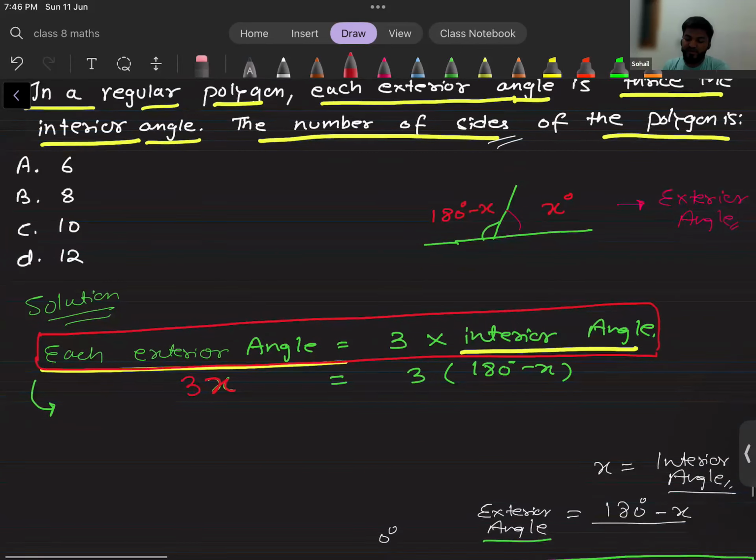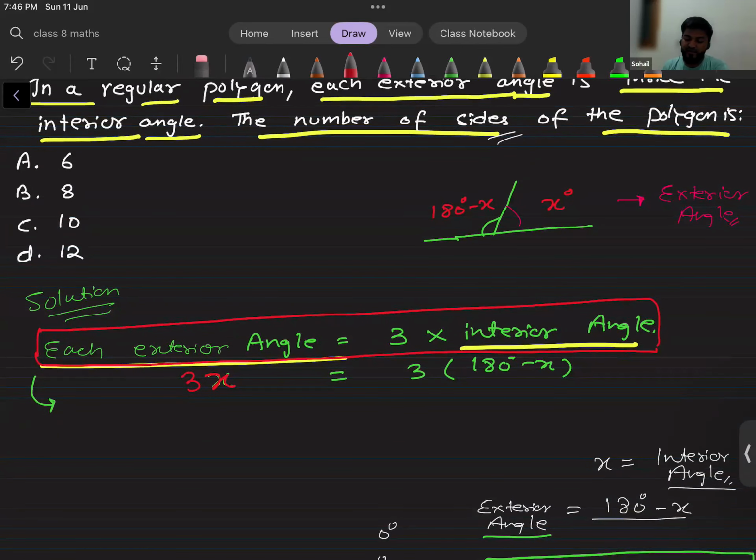Let's say my exterior angle is 45. If it's 45, the interior angle is 3 times it. So it is going to be 3 multiplied by 45, that is 135. But we need to equate the value on the two sides.